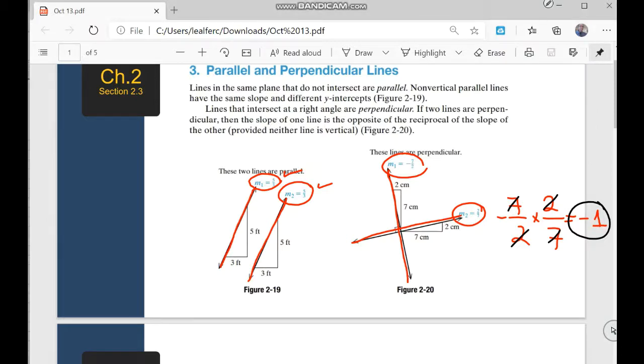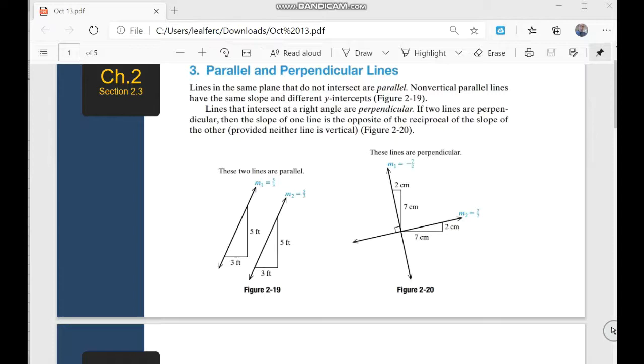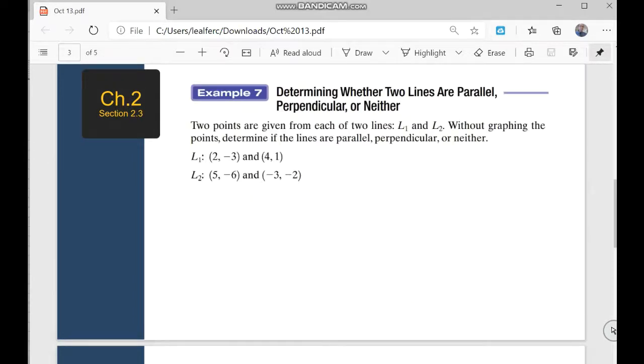Let's see how to work out an example. Determining whether two lines are parallel, perpendicular, or neither. So 2 points are given for each line. You have line 1 and line 2, and each one is going to have 2 points. Let's say point 1 here and point 2 there.